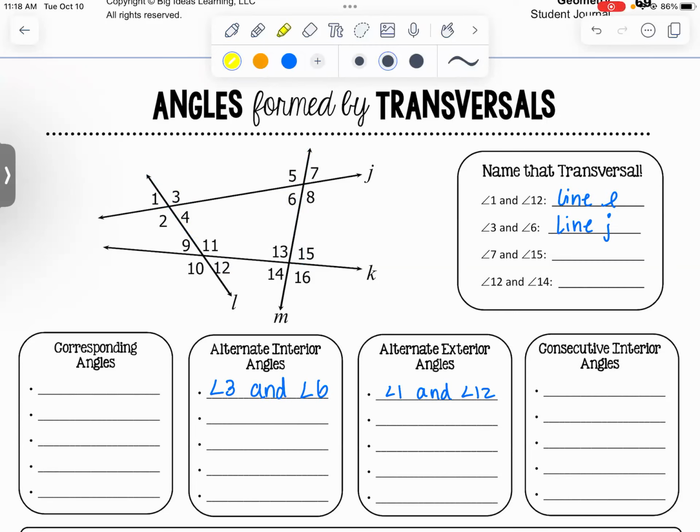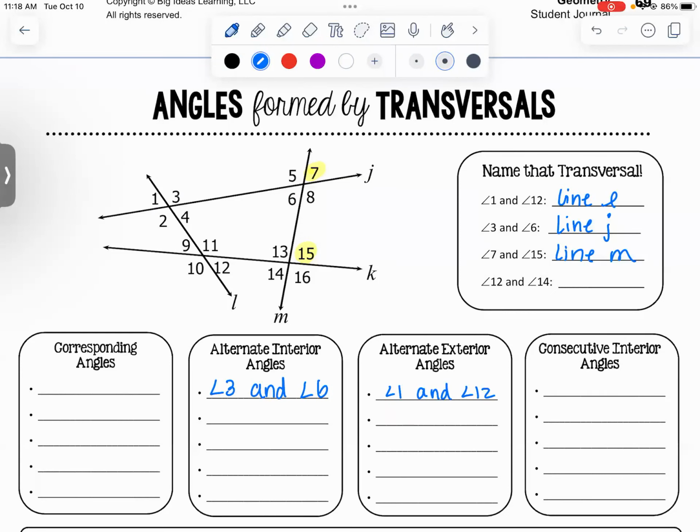All right, 7 and 15. I've highlighted them. If it's easier for you to look at my picture, you look at your picture. We have 3 lines, only one of them is the transversal. Which one? Line M is going through J and K. Line M is touching both of those angles.